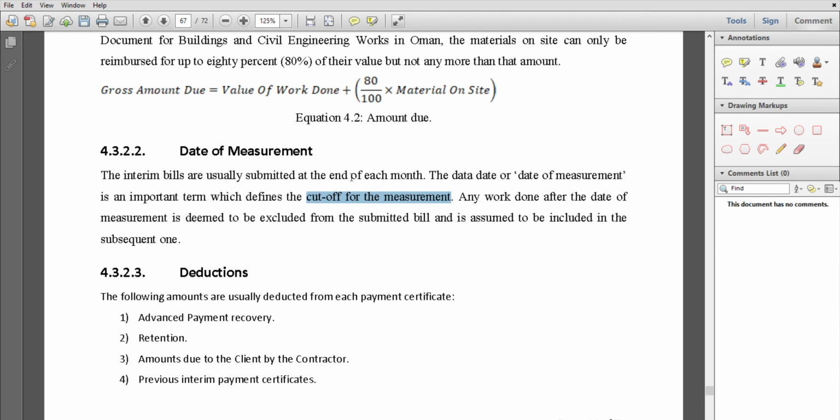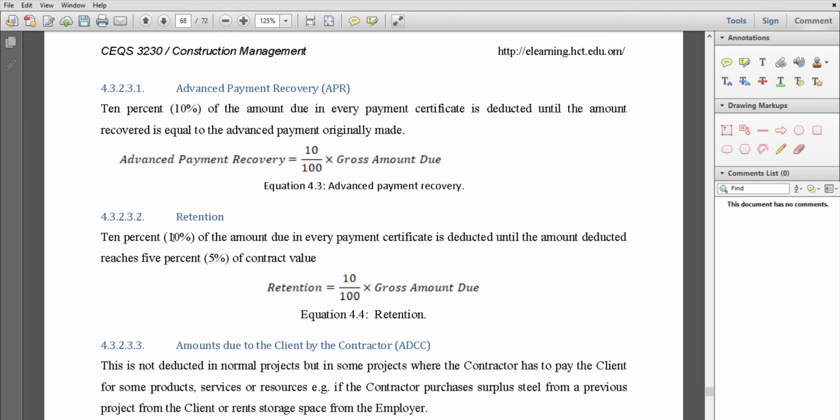This is not allowed, because the date of measurement defines the cut-off. They will tell you, for example, every 25th of the month, you need to do your measurement up to that date. Any work done after the date of measurement is deemed to be excluded from the submitted bill and is assumed to be included in the subsequent one.